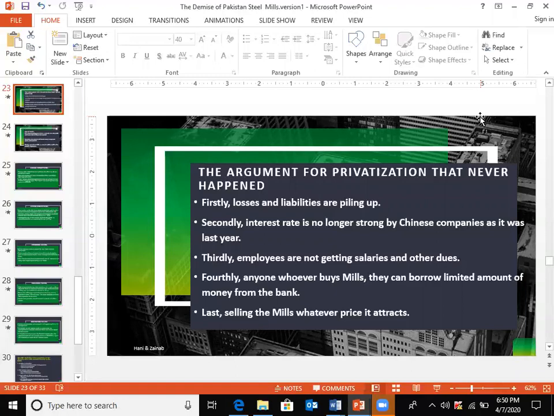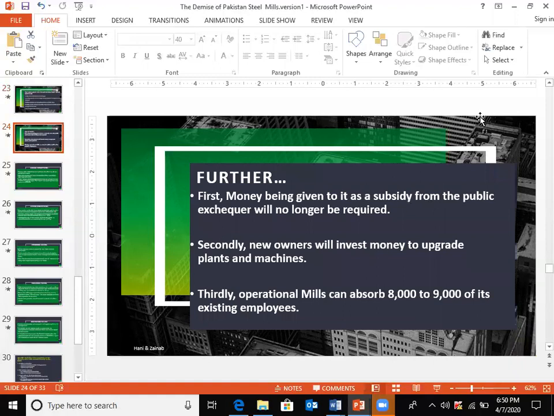A lot of these people had their salaries pending for several months, and the big thing was that whoever would actually buy the steel mill, the idea was that they would infuse a lot of money in the organization, and that they would absorb a lot of the employees. They would hopefully help turn around the steel mill and keep it consistently performing well.